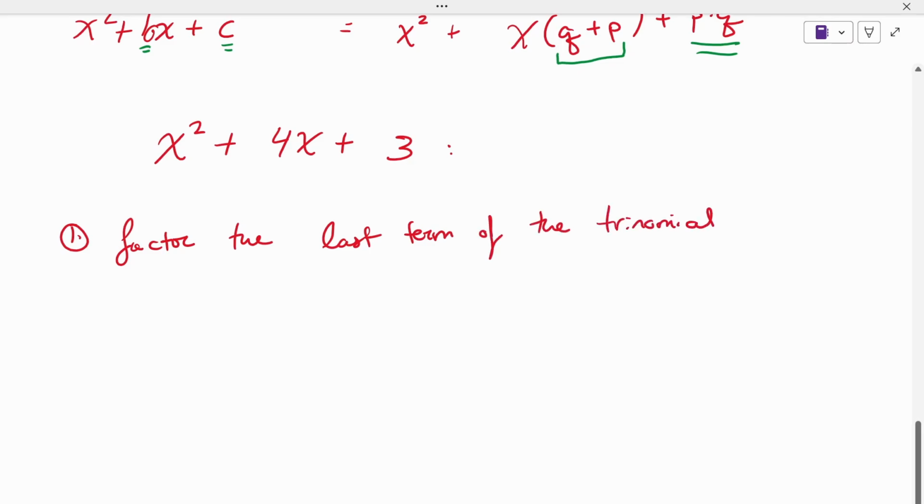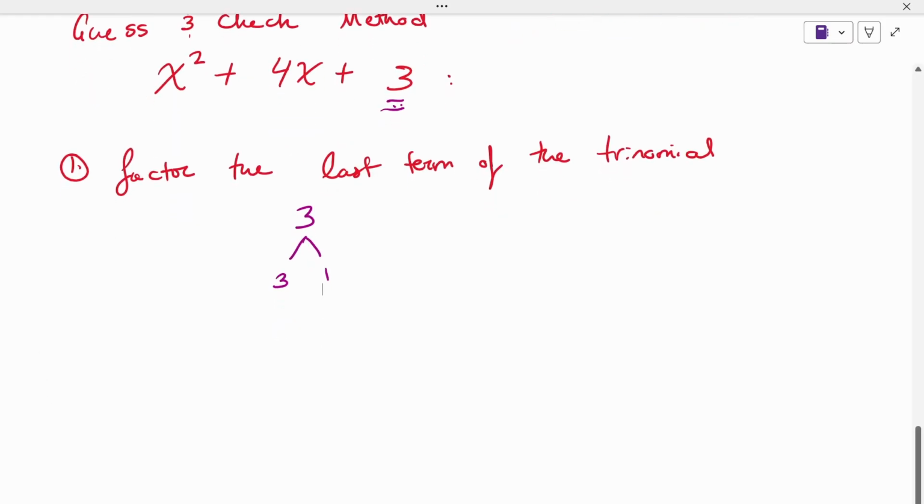That's always what we're going to do for the guess and check method. In this instance, we have a 3. So we're going to find the factors of 3. Well, it turns out 3 is prime, so finding its factors is fairly trivial. The factors of 3 are just 3 and 1.